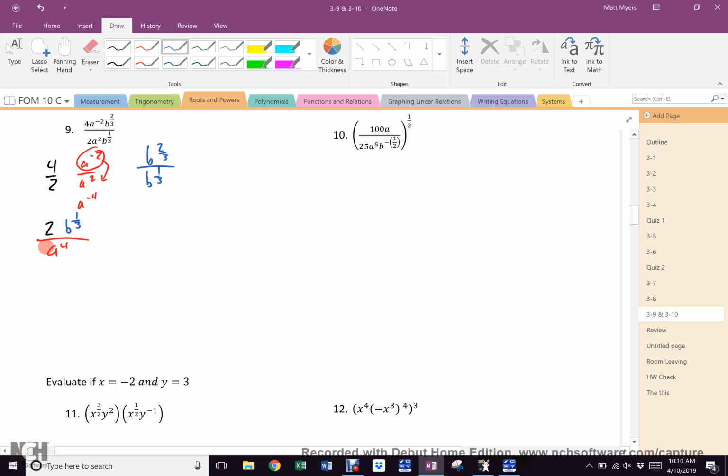Now, can I leave that answer? Yes, because that's exponential form, right? What if I asked for radical form? What would we do? What's the only thing that needs to change? The b, and what will it become? Cube root of b. Do we write the first power? No. Over what? A to the 4th.